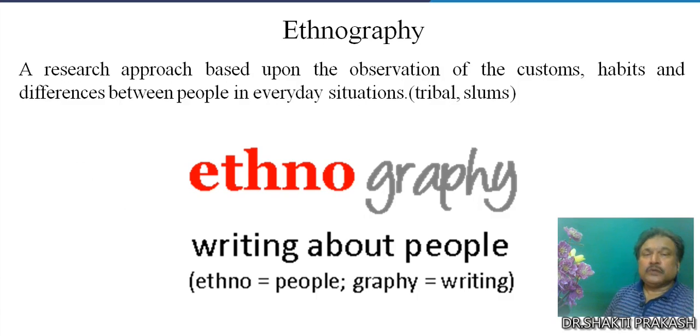First one is ethnography. Ethnography means, ethno means people and graphy means writing. As per the Harvard Business Review, it is a part of anthropology. Anthropology is concerned with the evolution of human beings, how they have developed, what their development was in sequence.